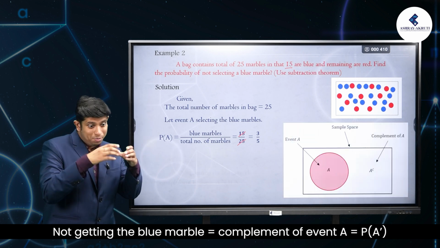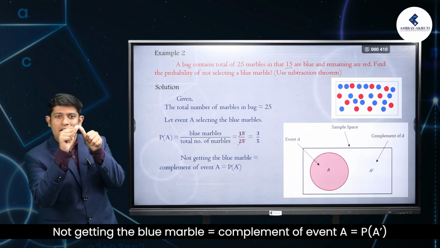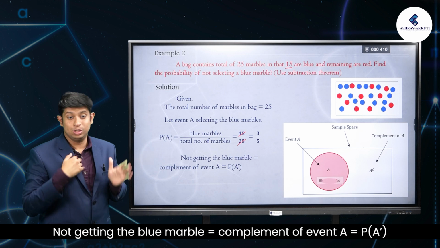Not getting the blue marble is equal to the complement of event A, that is equal to P of A dash.